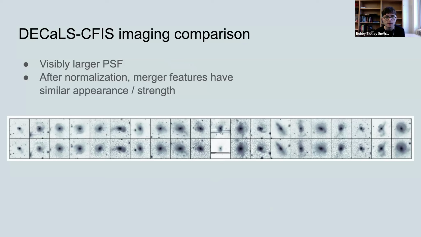The galaxies look a little bit fuzzier, but in all of these cases, actually, the morphological signature of the merger that you can see in the CFIS imaging is still present in the DECaLS imaging. Any guesses as to which is which? Maybe it's the Zoom call quality, but yeah, CFIS is on the top and DECaLS is on the bottom here. But it's really quite close after you normalize them in the same way.